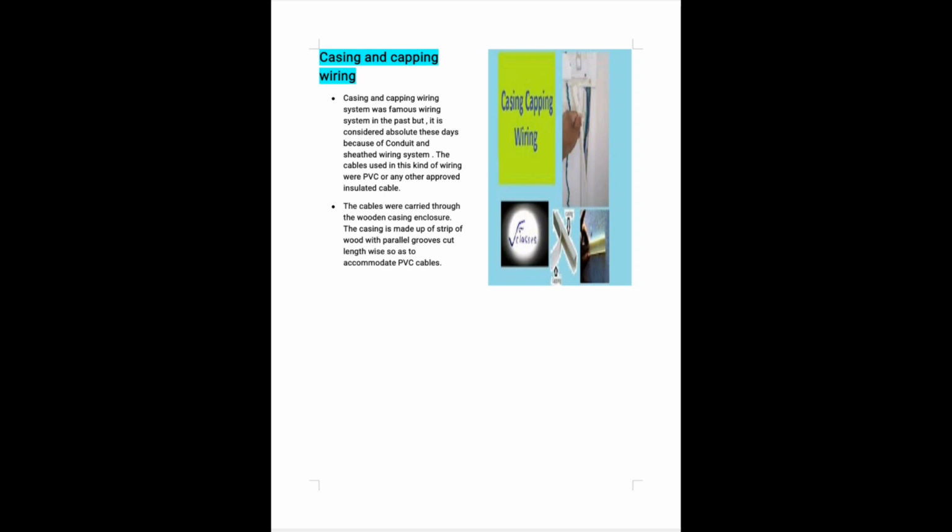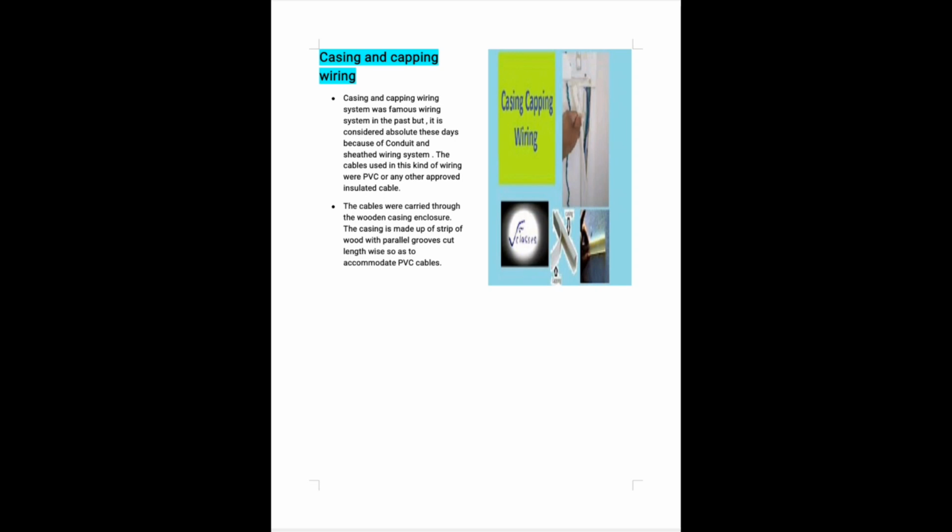Casing and capping wiring. Casing and capping wiring system was a famous wiring system in the past, but it is considered obsolete these days because of conduit and sheeted wiring systems. The cables used in this kind of wiring were PVC or any other approved insulated cable.